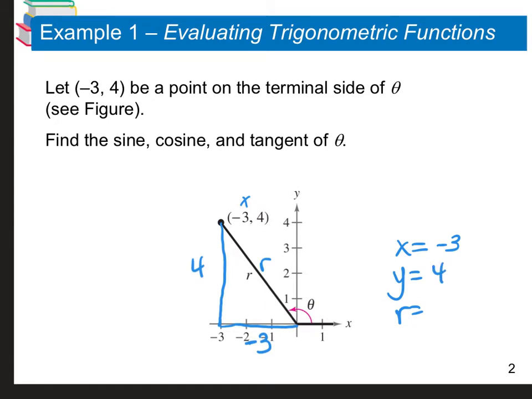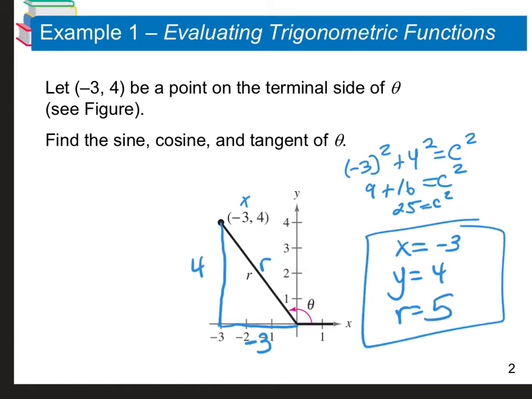So I'm literally going to say -3 squared plus 4 squared equals c squared. -3 squared is 9. 4 squared is 16 equals c squared. 25 equals c squared. So what is my r, whatever you guys want to call it? What is the hypotenuse? 5. Now that you have figured out these three values, your trig functions are super easy.